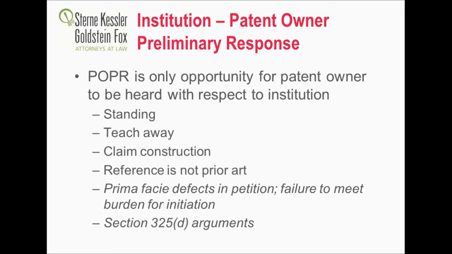John Deere factors for obviousness, this is the time to make that case in your patent owner preliminary response and hold the petitioner to task for meeting their burden for institution.